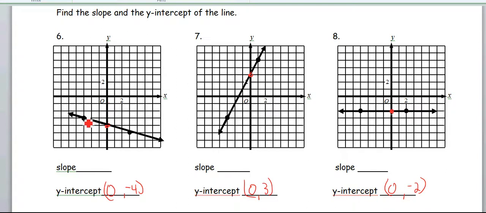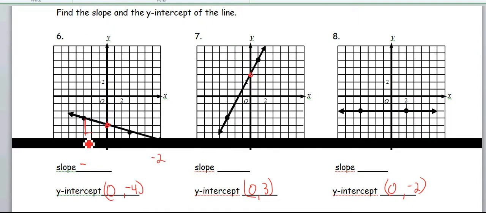Alright, slope. Remember, if we start on the left, we go to the point on the right, if it's going down, it's going to be negative. So I can go ahead and write my negative. Now remember, it's vertical change. So if I start here and I'm going to go to this point, I went down 2, and then how many to the right do I go? Not sure what's happening with that point.